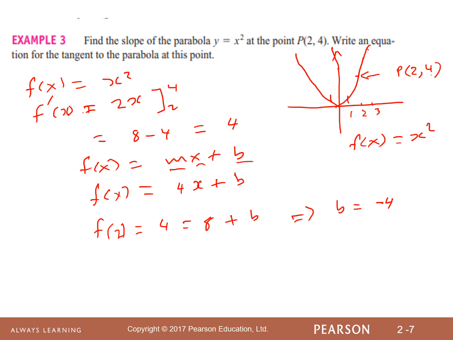Every linear function, this is the general equation for the linear functions. Our linear function f of x, or if you don't want f of x, let's call it g of x. It doesn't matter what we call it. If b is the y-intercept, correct? Yes, b is the y-intercept.